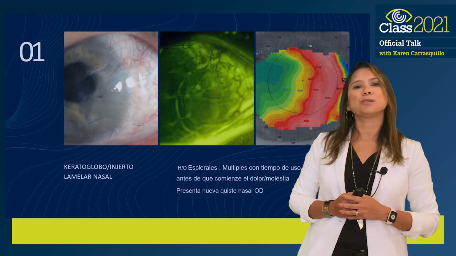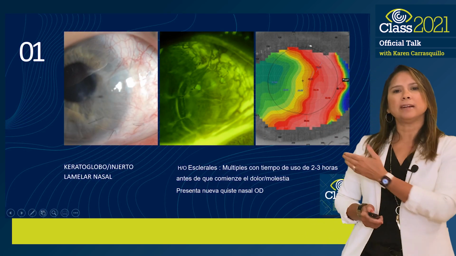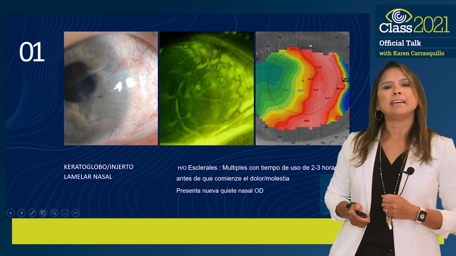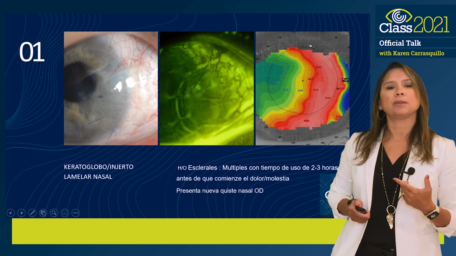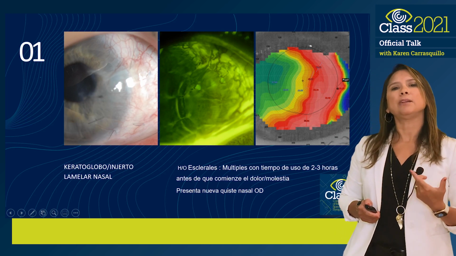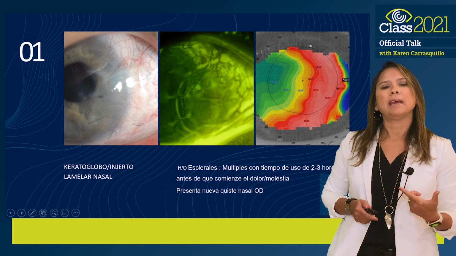The first case that I'm going to show you is a case of keratoglobus, and we can appreciate in this topography that we show you here the thinning that goes from edge to edge, characteristic of keratoconus. And so this is a patient who has a history of scleral lenses but without success.